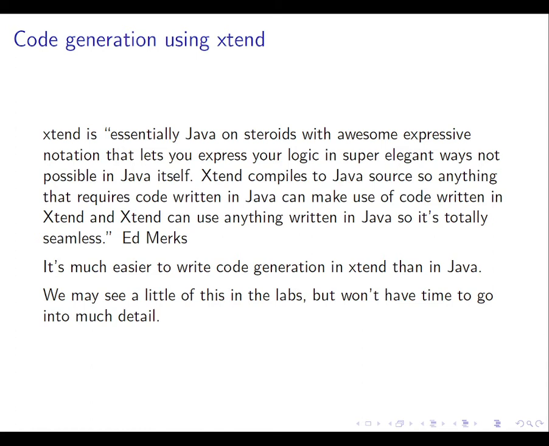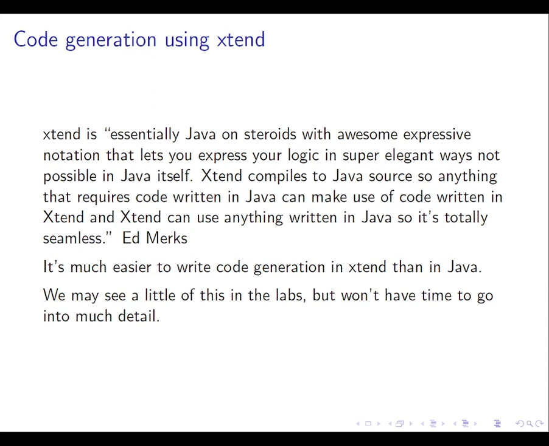But one way of doing it in the Java world is to use xtend, and here's a quote from somebody who was involved in developing it about what xtend is. It's essentially Java on steroids with awesome expressive notation that lets you express your logic in super elegant ways, not possible in Java itself.